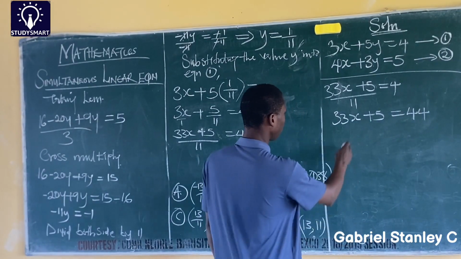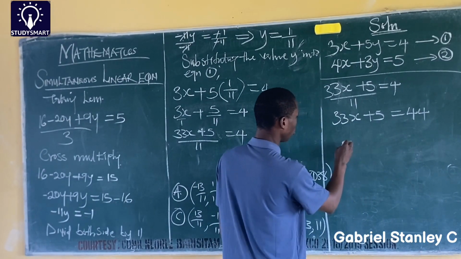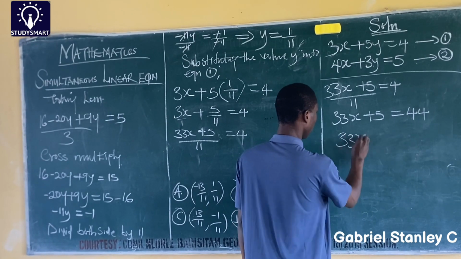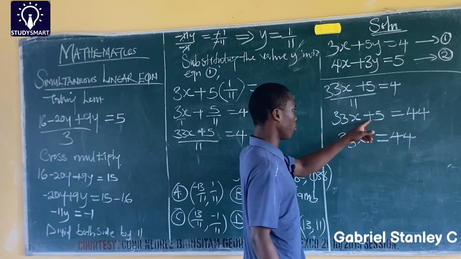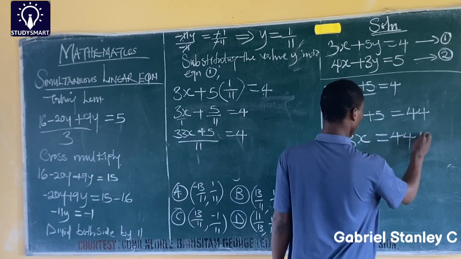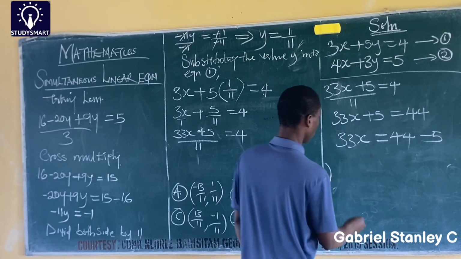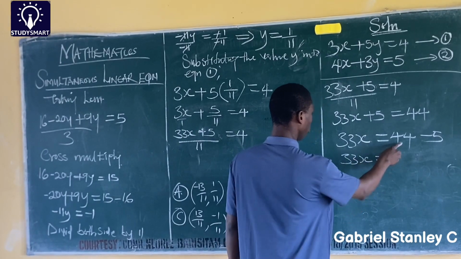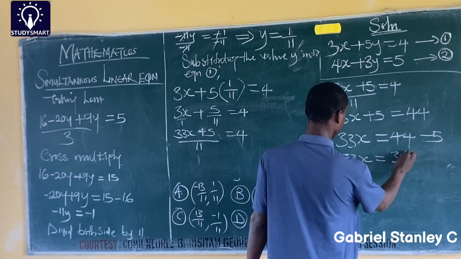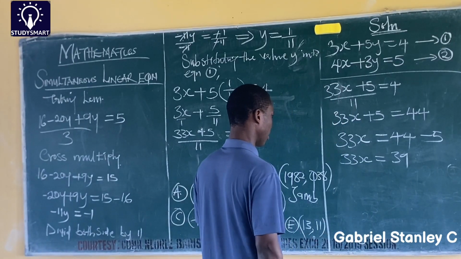Alright, so we can make x subject here. Before we do that, this becomes 33x equal to 44. Right, so plus 5 will cross to become minus 5. So we'll be having 33x equal to 44 minus 5, which gives 39.